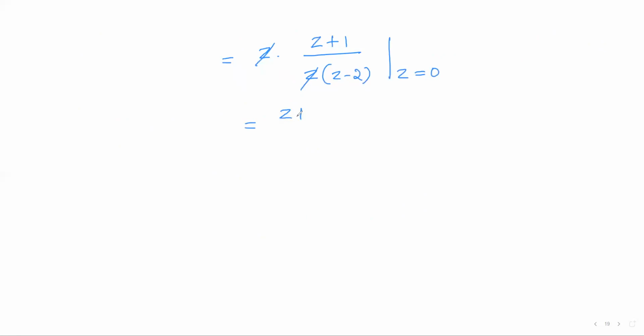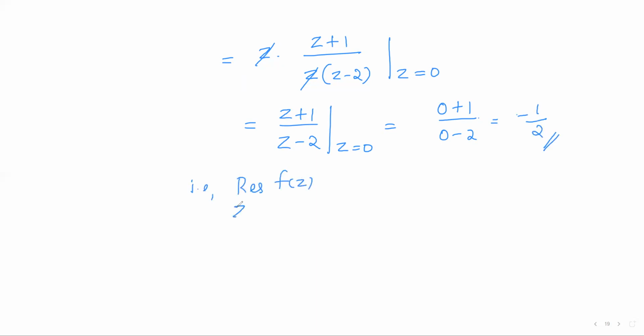We are left with z plus 1 by z minus 2 at z is equal to 0. Put z is equal to 0: 0 plus 1 divided by 0 minus 2, which is simply minus 1 by 2. So we got the residue of f of z at z is equal to 0 is minus 1 by 2. Similarly, we can calculate the residue of the function at the other pole.